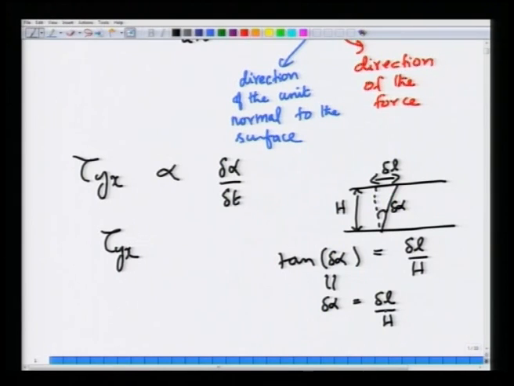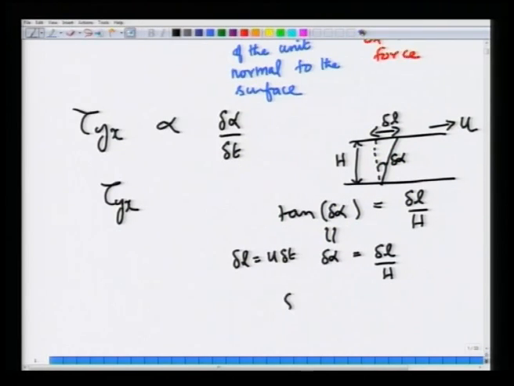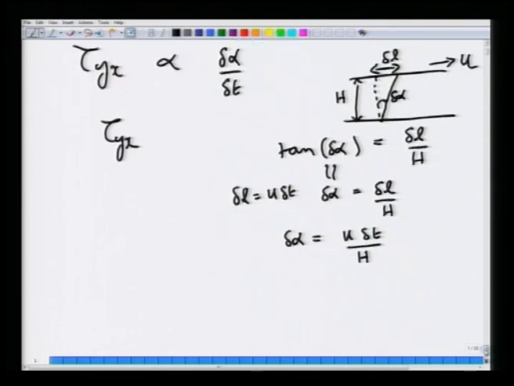But as the fluid deforms continuously, the top plate will move with a velocity, let us say u. So, delta L is u delta t. So, delta alpha is u delta t divided by h, or delta alpha by delta t is u divided by h.